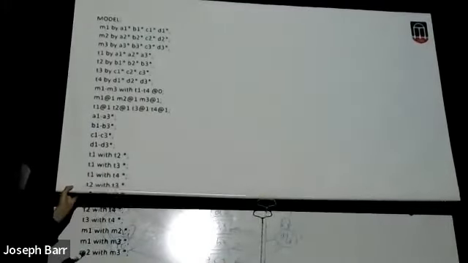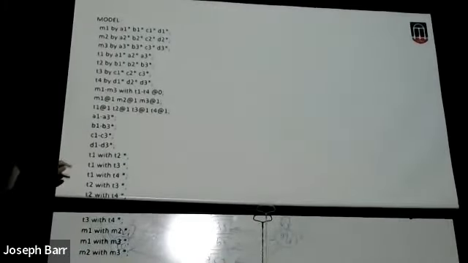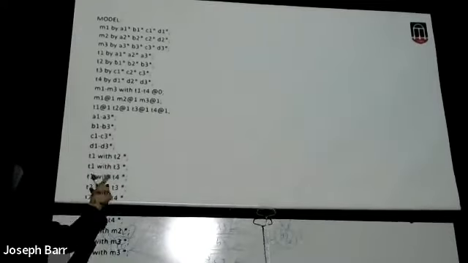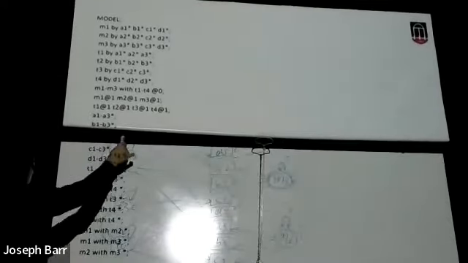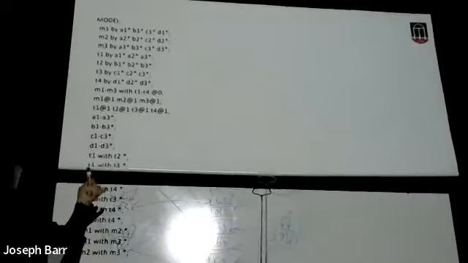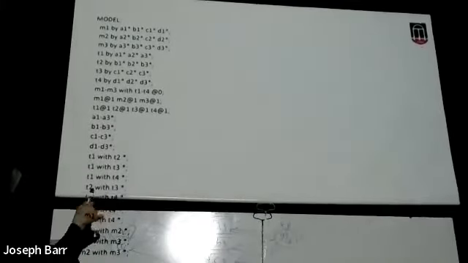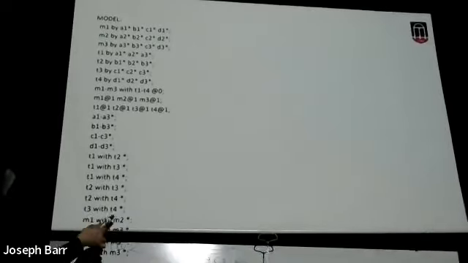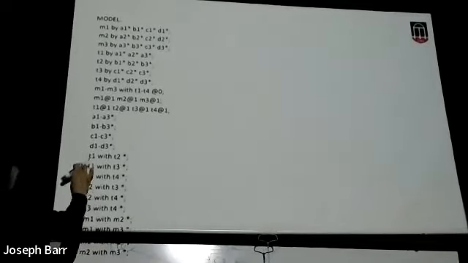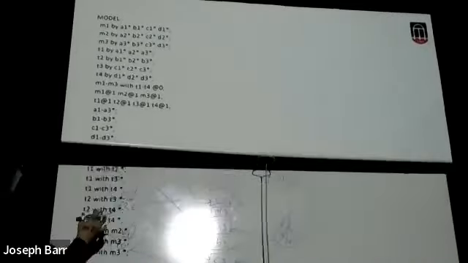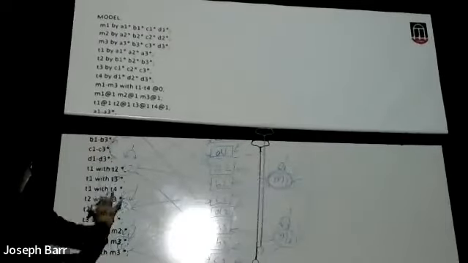These are covariances between traits. Trait 1 with trait 2 covariance, trait 1 with trait 3 covariance, trait 1 with trait 4, 2 with 3, 2 with 4, 3 with 4. The covariance matrix among traits. So that's this part here.